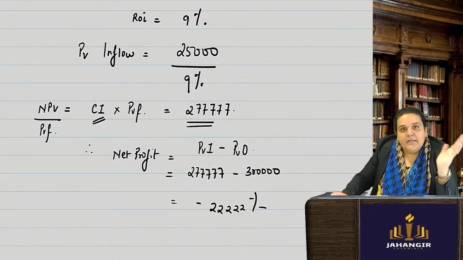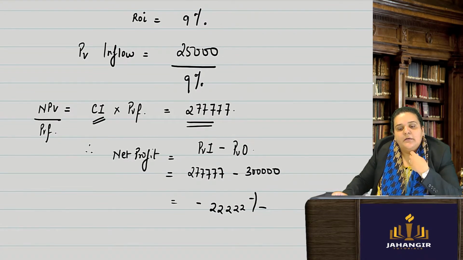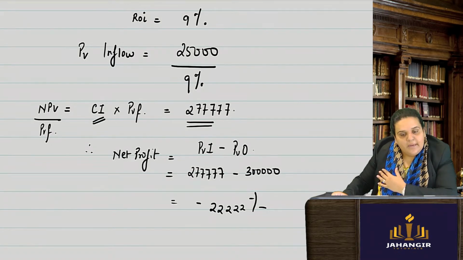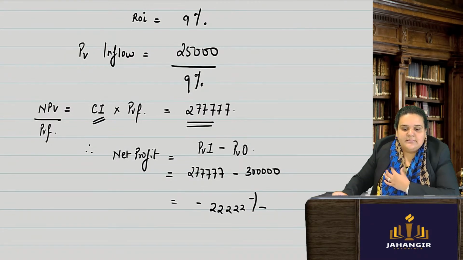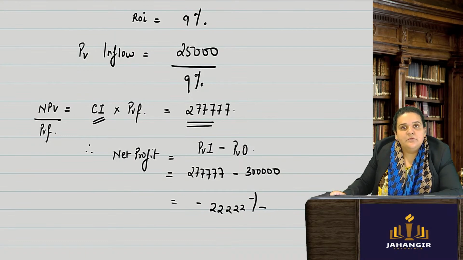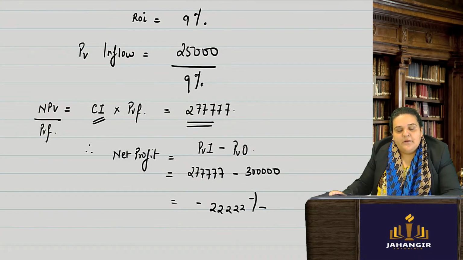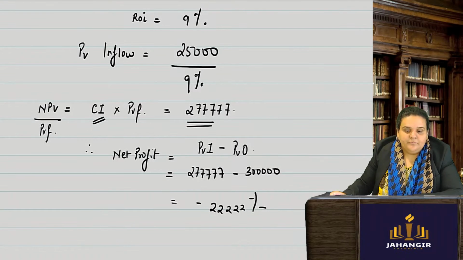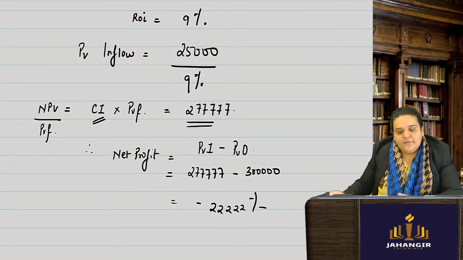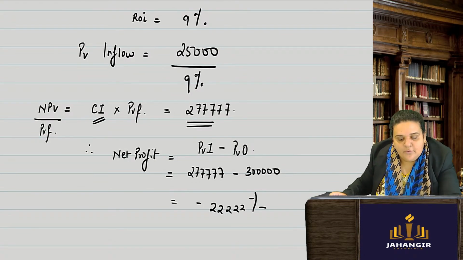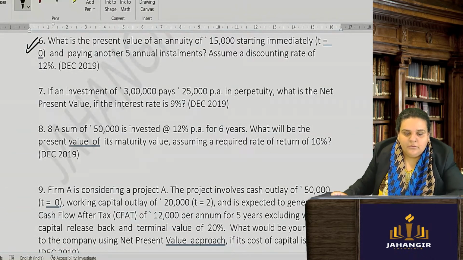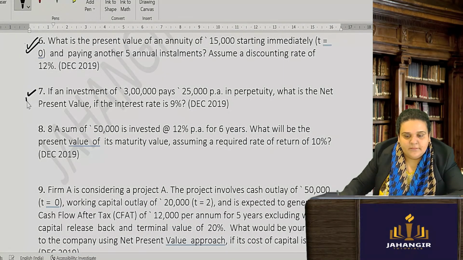Otherwise I was multiplying, when it was given total. Now this is an annual inflow, so I am dividing by the PV factor which is 9%. So I will get the answer as 2,77,777, and with the help of that, my actual net present value is negative 22,222. Okay, so question number 7 is also done.